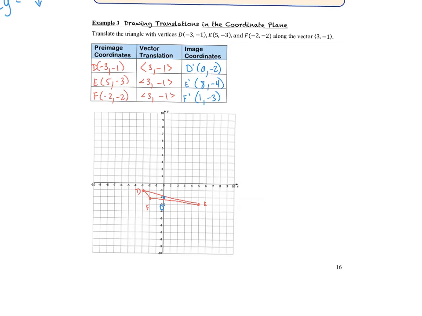And then we have F prime at 1, -3. Oh, I forgot E prime. E prime is at 8, -4.